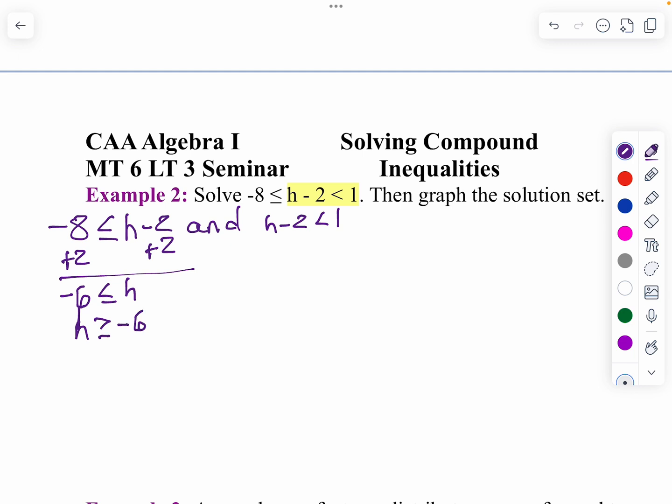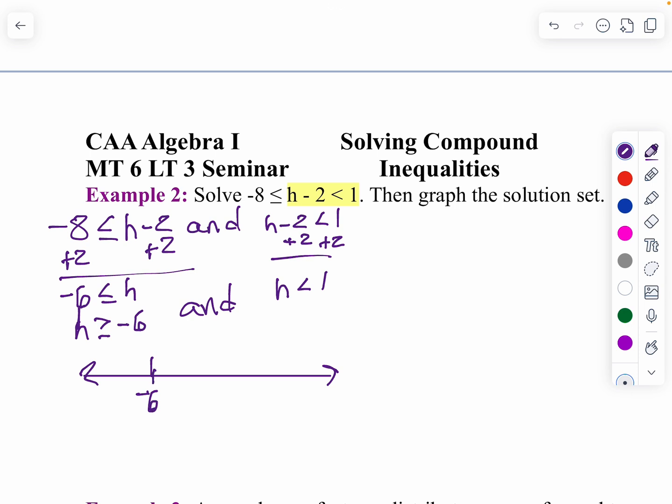Now on the next one, I'll just add 2 to both sides. So h is less than 1. So it's "and" between those, so it's got to be bigger than negative 6 and smaller than 1. So I'll make sure negative 6 is on my number line, and I'll make sure 1 is on my number line.